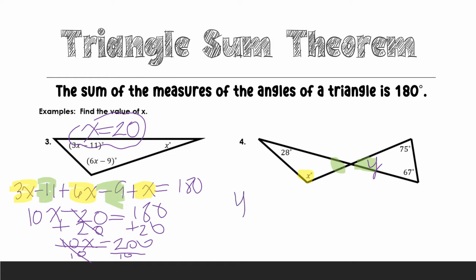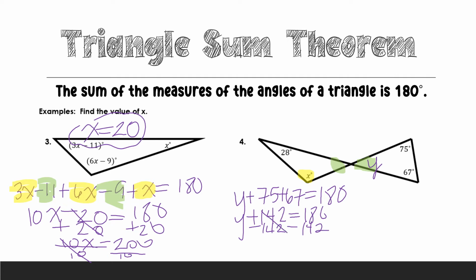So y plus 75 plus 67, those three angles should equal 180. 75 and 67 together is 142. Then I'm going to subtract 142, which is going to give me 38.